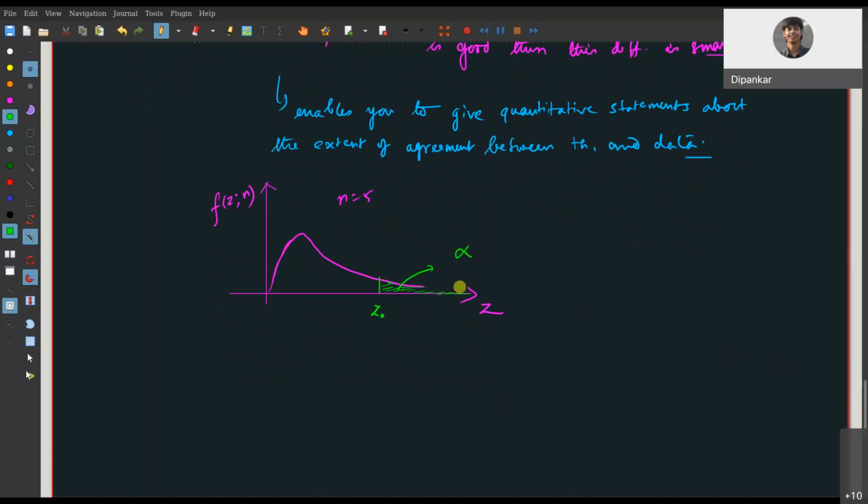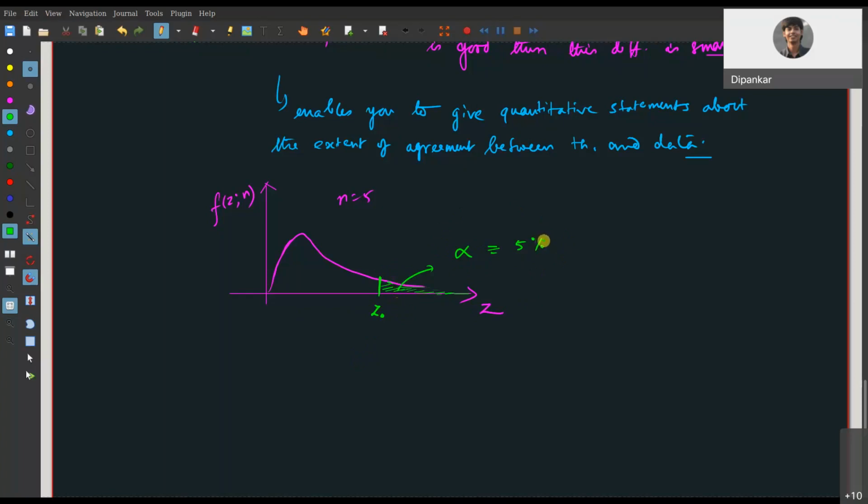This alpha you have to decide. Suppose this alpha is 10% or 5%. Let's say I have chosen alpha to be 5%. This choice of alpha defines a location z0, which means the probability of finding z beyond z0 is only 5%.